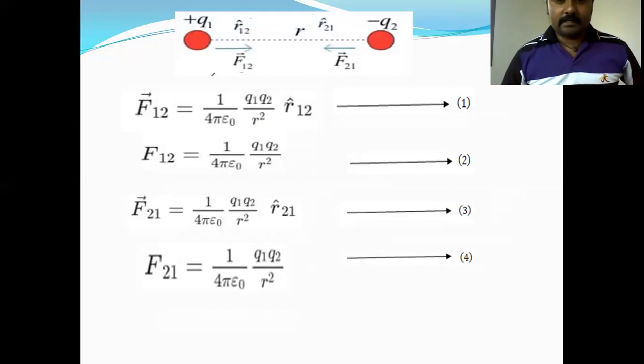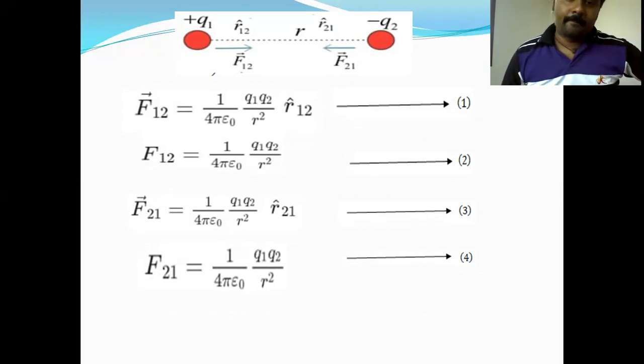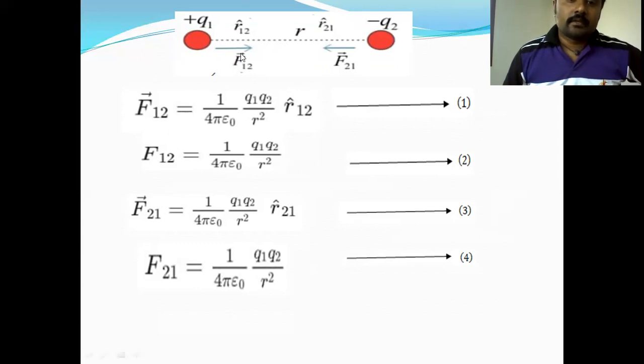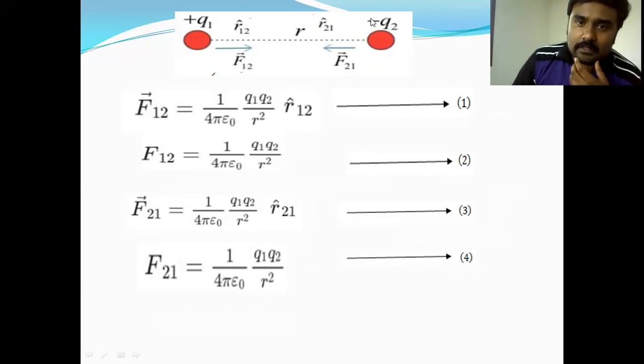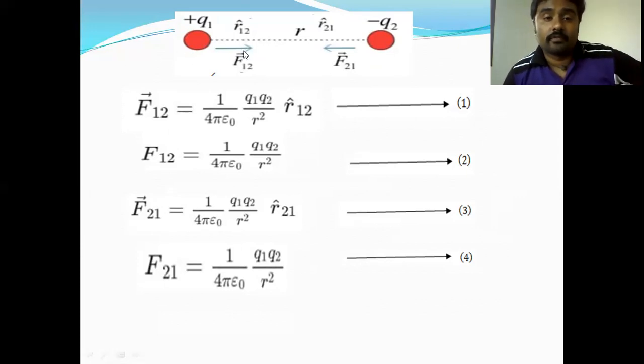And then let us consider two unlike point charges, that is plus Q1 and minus Q2. Here the force acting on plus Q1 due to minus Q2 is an attractive force, represented by the F12 vector.